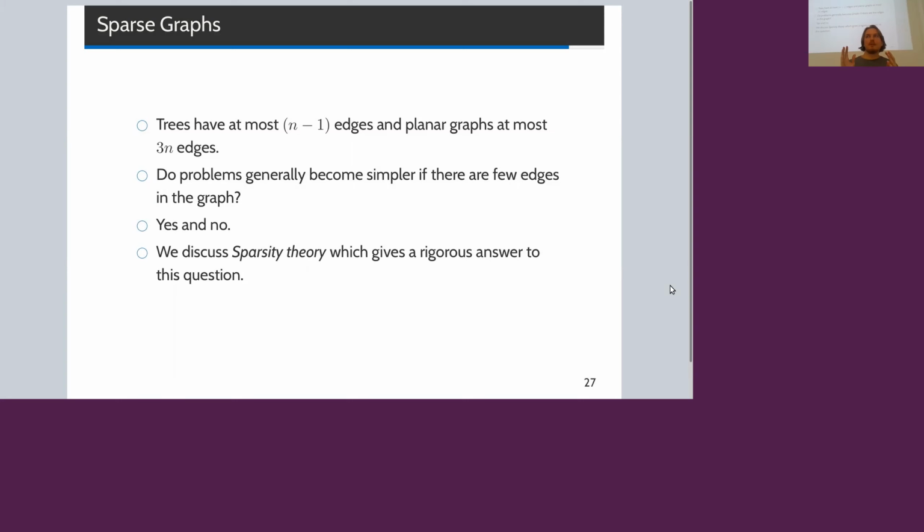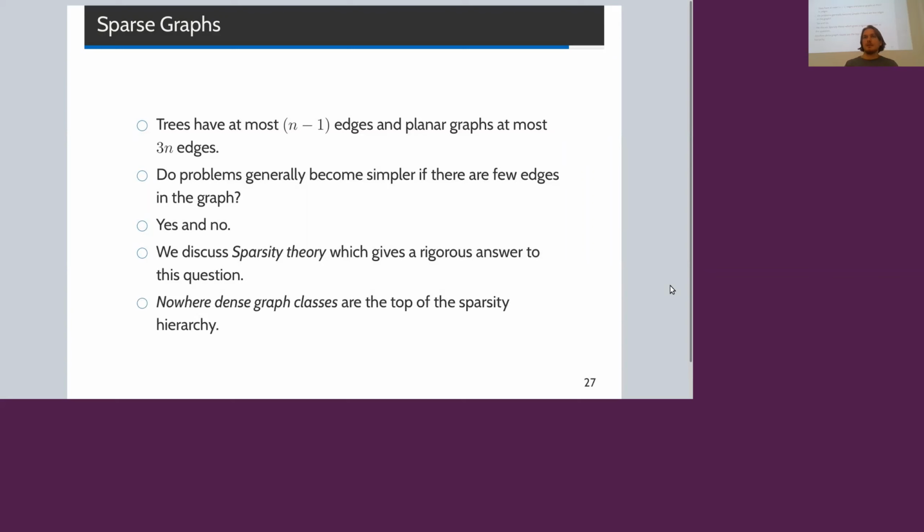Planar graphs are sparse, but you can't just require that the graph has few edges. You can do some tricks there, and problems are hard on these kinds of graphs. And we will discover the notion of sparsity theory, which will give a more detailed answer to this kind of question, like what are sparse graphs and what kind of problems can you solve there.